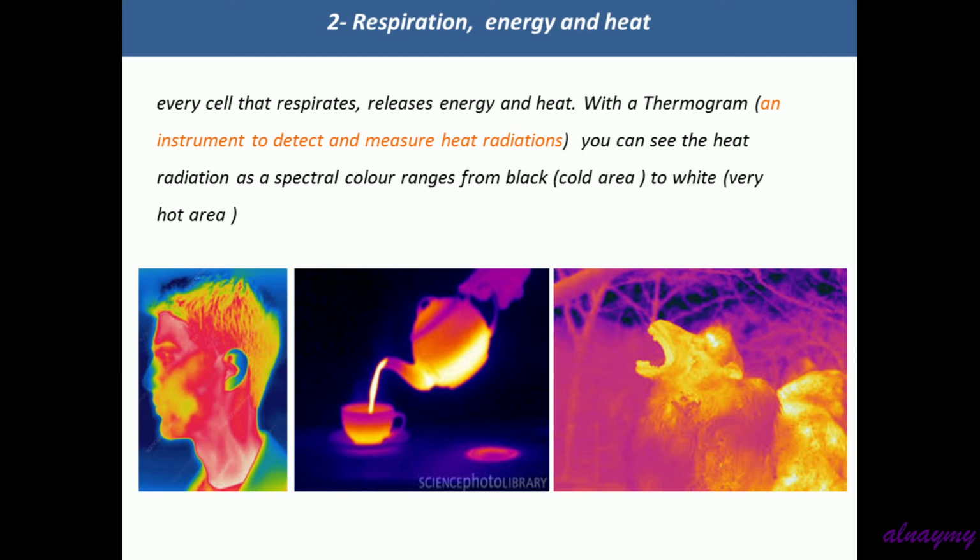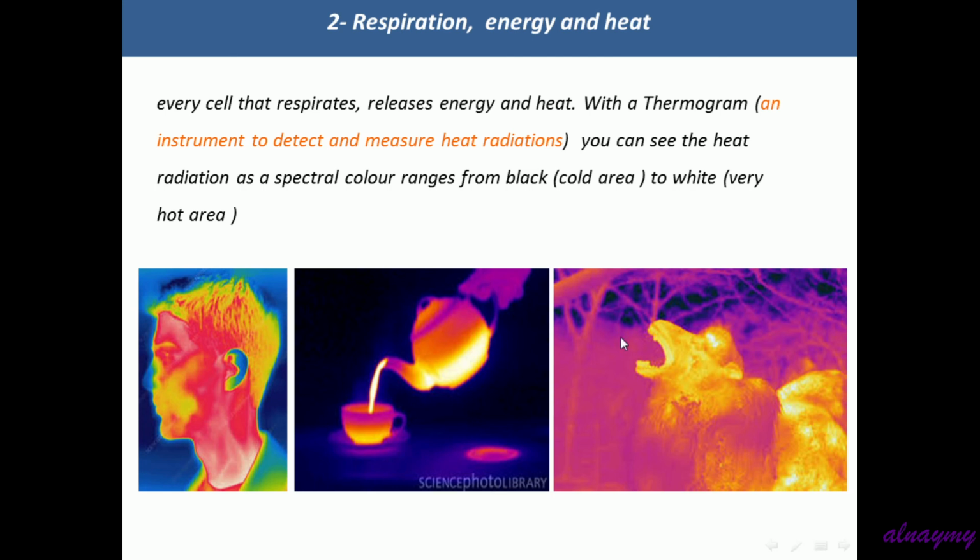Black means there is no heat, absolutely not, and white is very hot. When it's white, that means the cell is respirating and producing a lot of heat and energy at the same time. So the colors are a spectrum and range from black to white, and this is detected by an instrument called a thermogram.